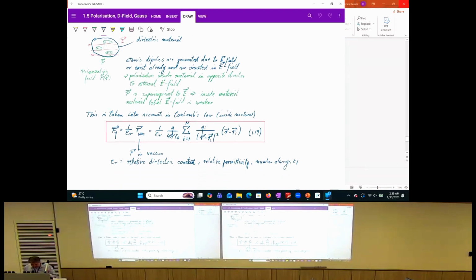And this is actually being taken already into account in Coulomb's law, because Coulomb's law states that the force on a charge depends on the magnitude of the charge and the magnitude of the other charges involved, and on the distance.